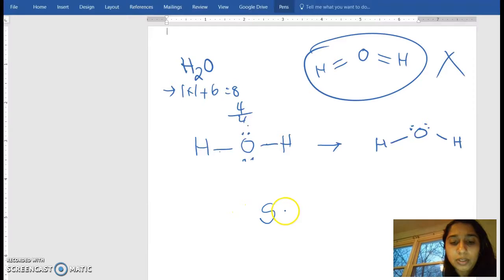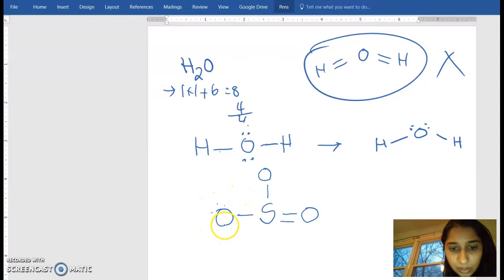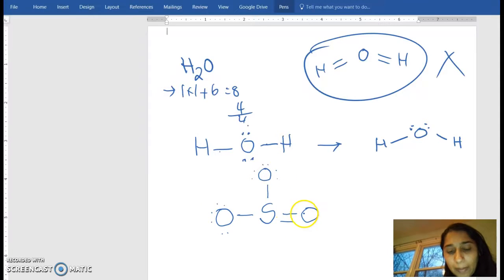This: S double bond O, single bond O, single bond O. How many sigma bonds do we have? 1, 2, 3.